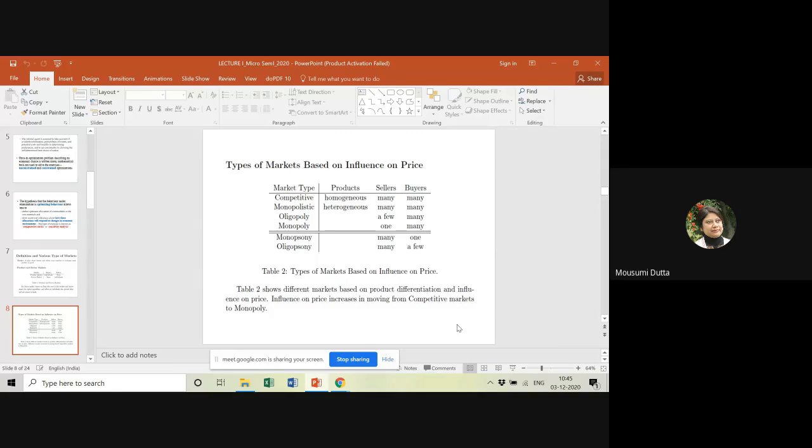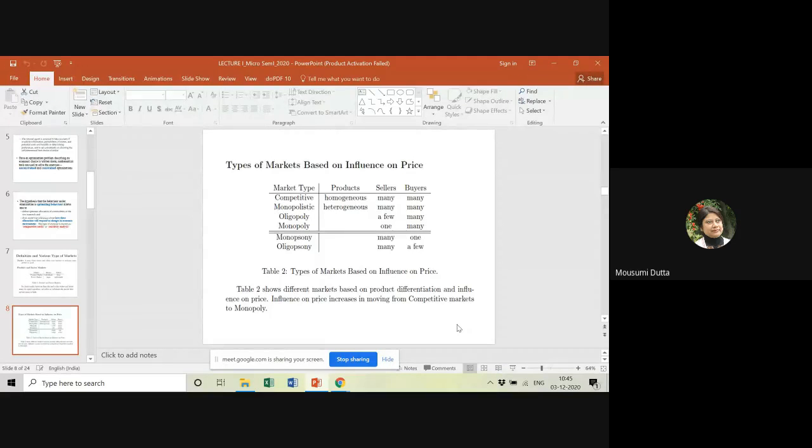Now, if you look at the market of wristwatches, we will not be able to say that all the brands are equivalent. We will say that this brand is a bit different from that brand, etc. If you look at your pens, we cannot say that all pens are homogeneous.